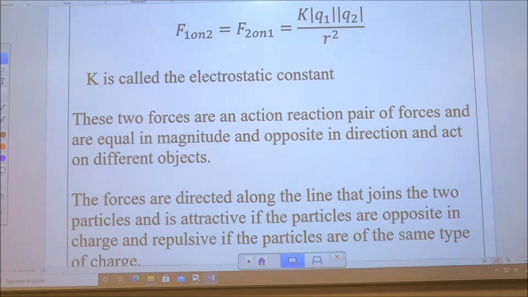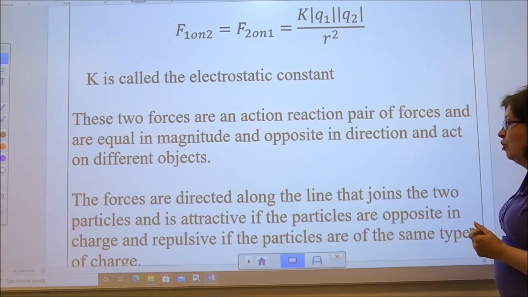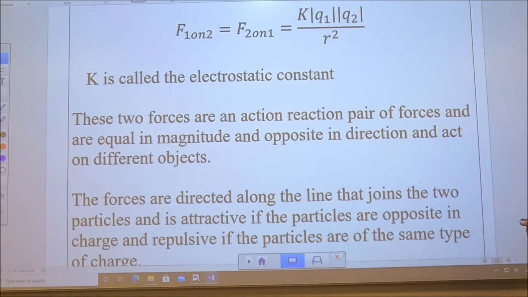These two forces are an action-reaction pair of forces, you know, force of 1 on 2, force of 2 on 1. They are opposite in direction, act on different objects, and have the same magnitude. Okay? The force is directed along the line that joins the two particles and is attractive if the particles are opposite in charge, and repulsive if the particles are the same in charge.